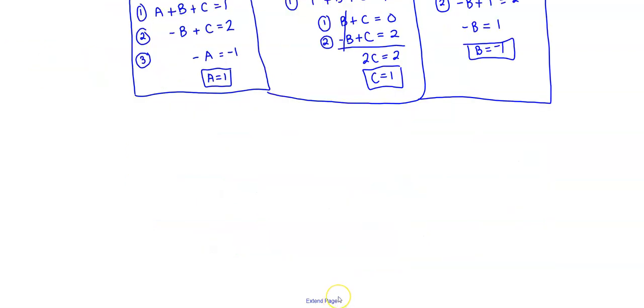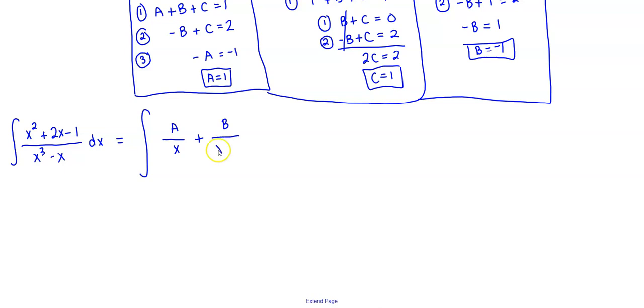So let's go ahead and write the integral. So again, the question was x squared plus 2x minus 1 divided by x cubed minus x dx. And then we factored it to be the following. So we have A over x plus B over x plus 1 plus C over x minus 1, and that's dx.